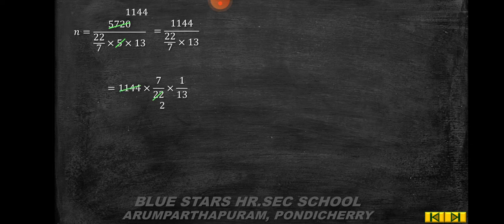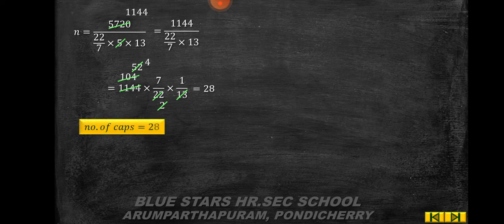So 22 is 2 times and 1144 is 104 times. Again 2 and 104 gets cancelled. It gets 52 times. Then 52 gets cancelled. It will give 4 times. So 4 into 7 is 28. Therefore, the number of caps you can make using the radius and height is equal to 28.